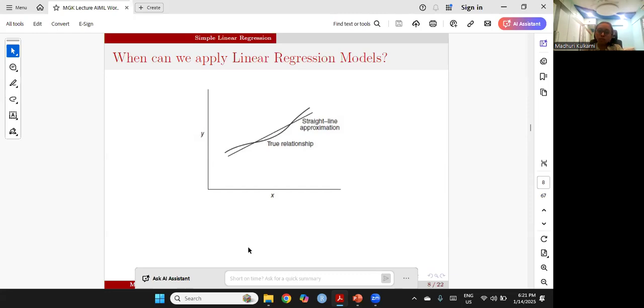So suppose the time taken by a particular delivery person to deliver items, and the number of items that he has delivered, and the distance.